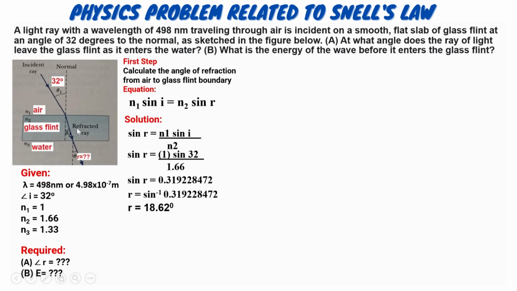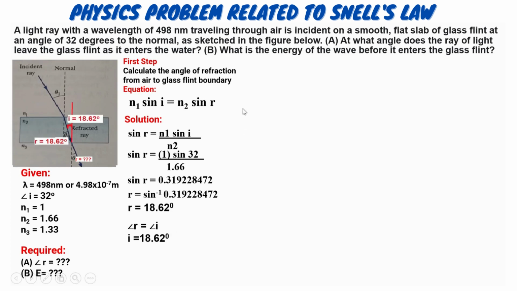Now that we have the angle of refraction from air to glass plane, we can make use of this information to get the angle of incidence from glass plane to water using the concept of alternate interior angle, where angle of refraction will be now equivalent to the angle of incidence from glass plane to water, which means we can proceed to our second step, so we can calculate the angle of refraction from glass plane to water.